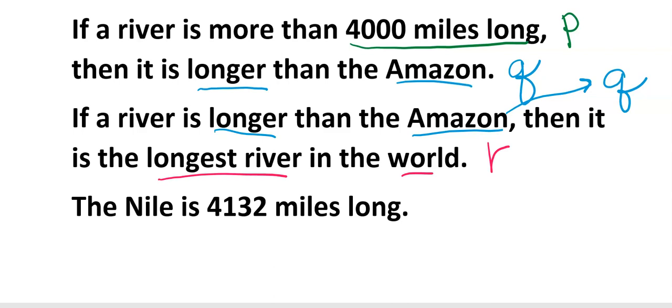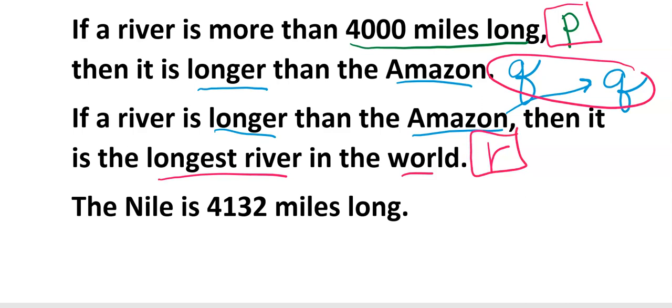The Nile is 4,132 miles long. Is that more than 4,000 miles long? Yep, so it's still following what we need, because since these two letters match, our conclusion needs to be talking about whatever P is and whatever R is. It's just that in this one, they're getting specific about a specific river. So they've already said the river that is more than 4,000 miles long.